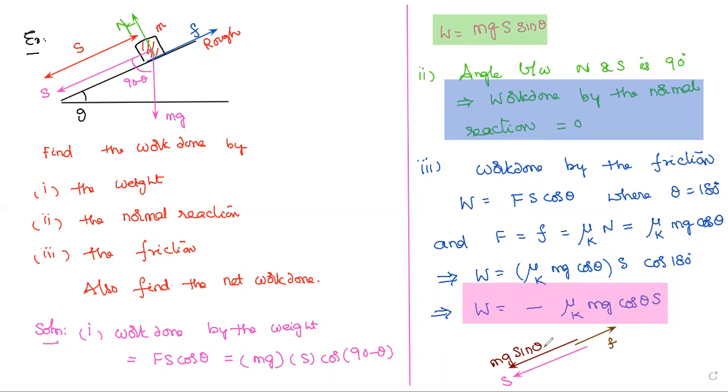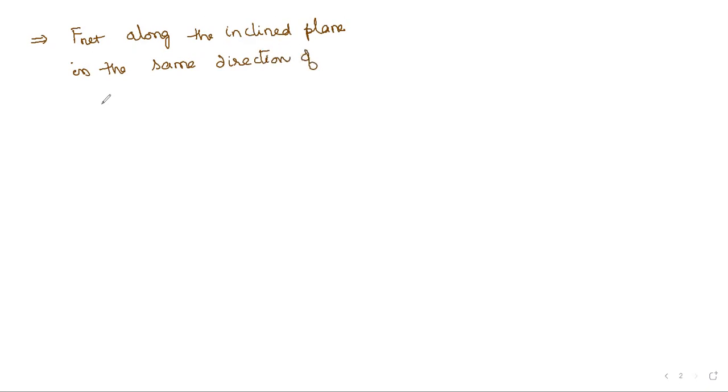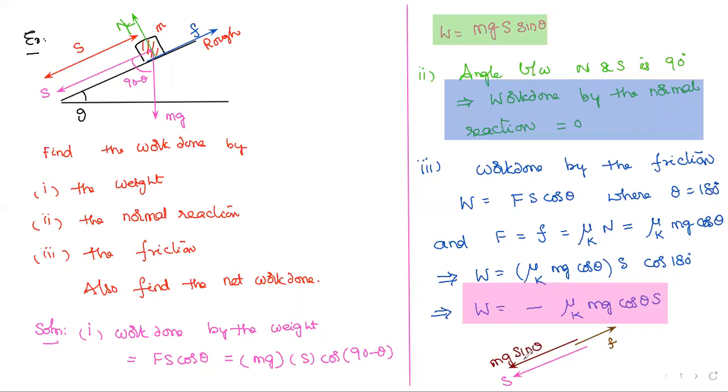Here it is coming down, so mg sin theta is greater than F. That implies I can write net force along the inclined plane in the same direction of displacement. Same direction means directly you can write W is equal to Fs. F net is mg sin theta minus Fk, the kinetic friction.